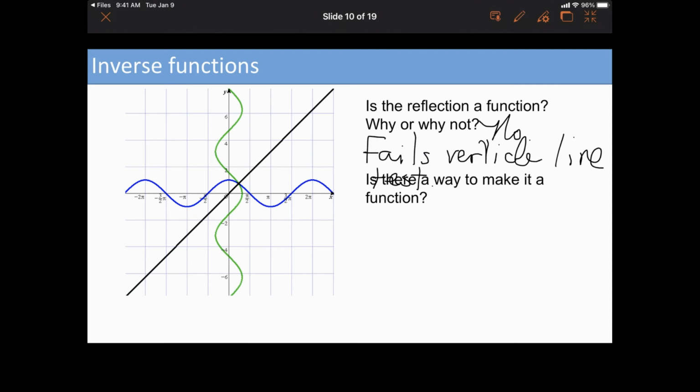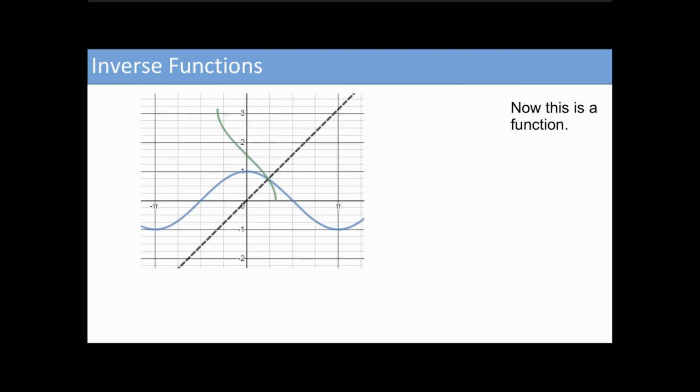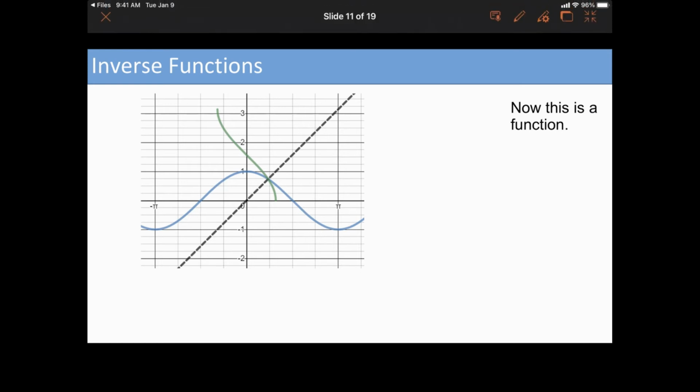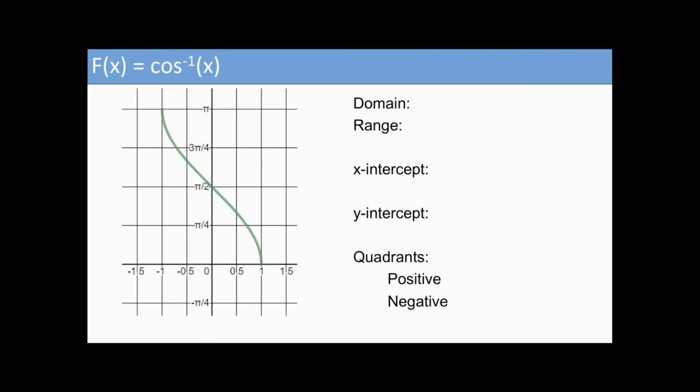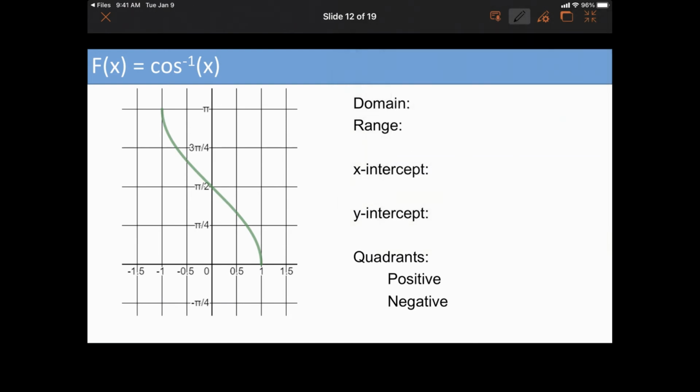So is there a way to make it a function? Yes, we're going to restrict it. Now when we restrict it, you can see it's different. This is completely above the x-axis because cosine is an even function. So here we are, right? The domain goes from -1 to 1.